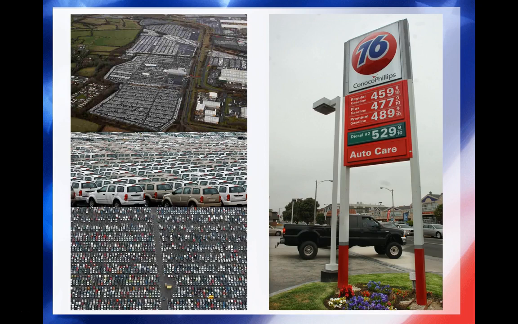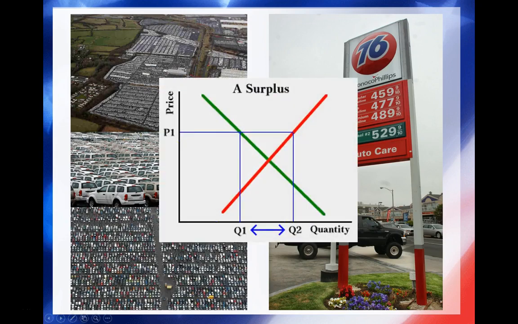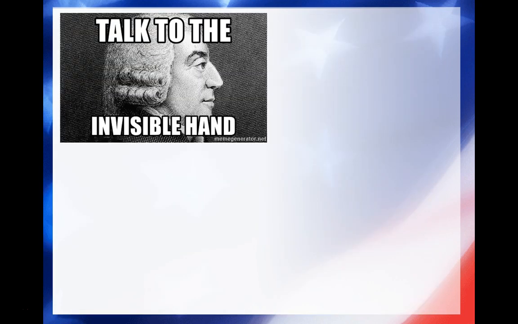In Medford, there were dealerships that were reducing the prices of SUVs and big trucks by nearly half of their sticker price just to move them off of the lot. When you have more of a thing at a certain price than is demanded, you will get a surplus.